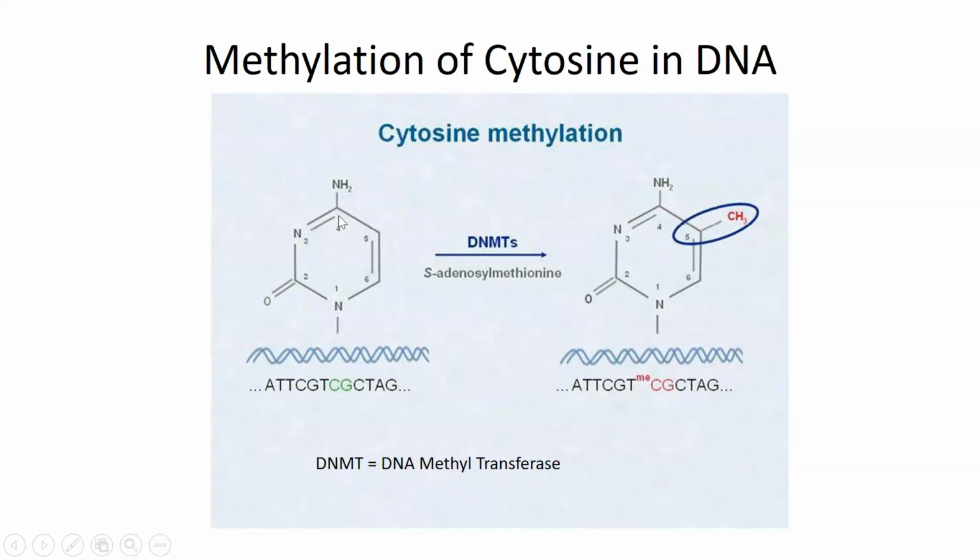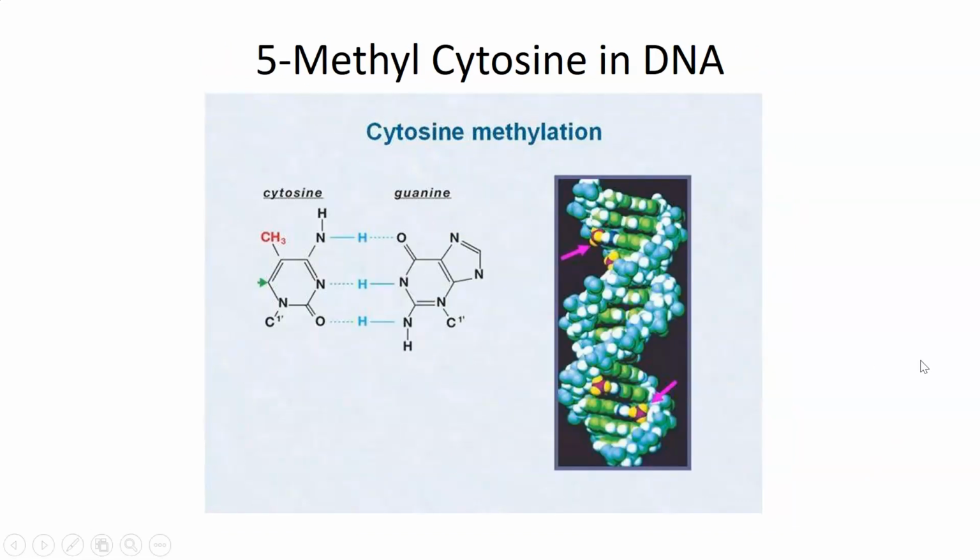What gets methylated is the carbon 5 of the cytosine base ring. So that's the methylation site. This is a space-filling model showing that the methylated cytosine, that carbon 5, is located in the major groove of the DNA double helix.